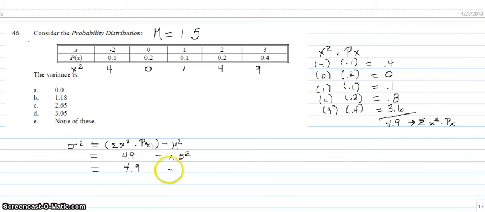So that's going to equal 4.9 minus the 2.25.